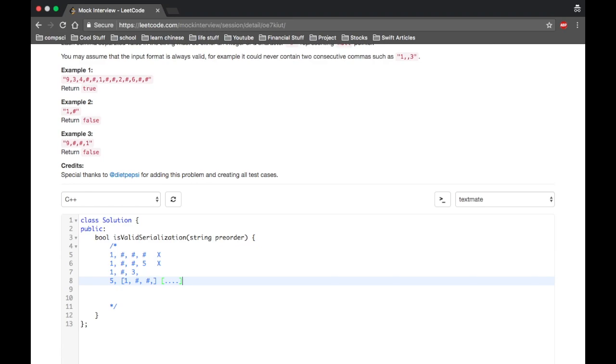The idea of a stack comes to mind. Yeah, maybe I'll just use a stack. Yeah, a stack is pretty good.